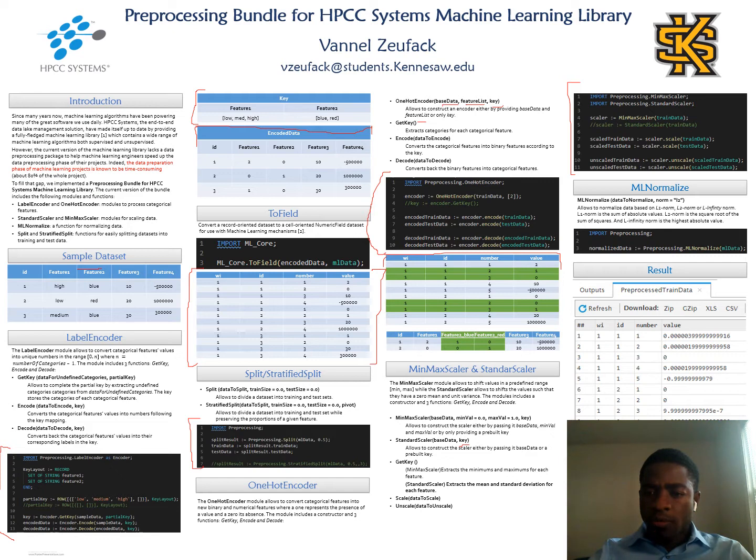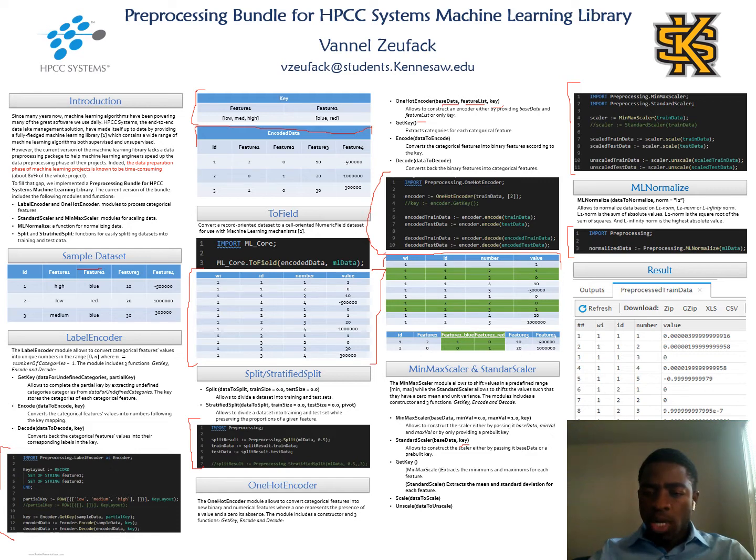Finally, you have the normalize function, which allows you to normalize your data set based on either the L1 norm, L2 norm, or L infinity norm. You have this little code snippet showing how you could call the ML normalize function.